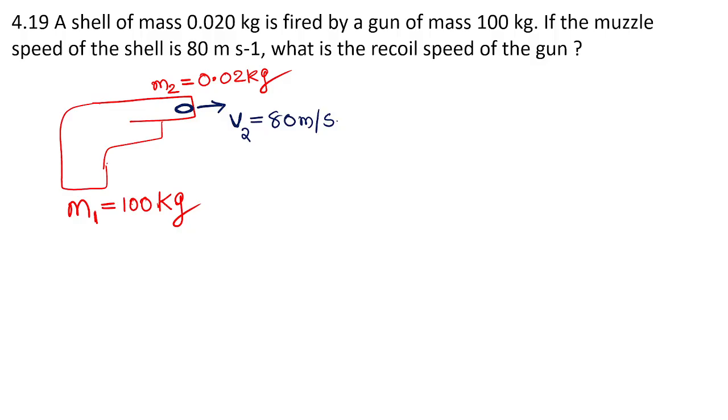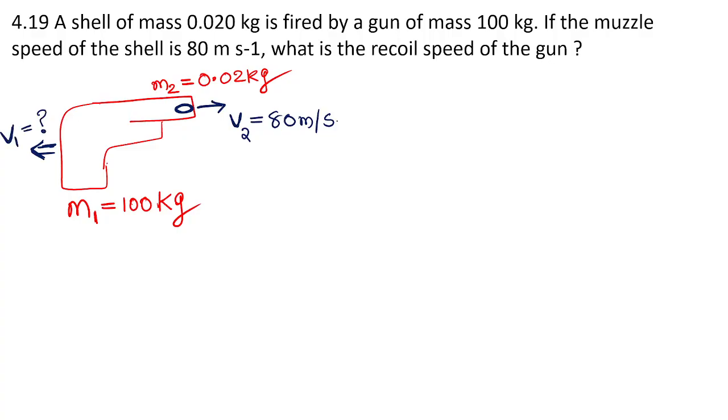What is the recoil speed of the gun? If you fire a bullet, what happens? The gun will be moving backward with some velocity, right? You agree with me?